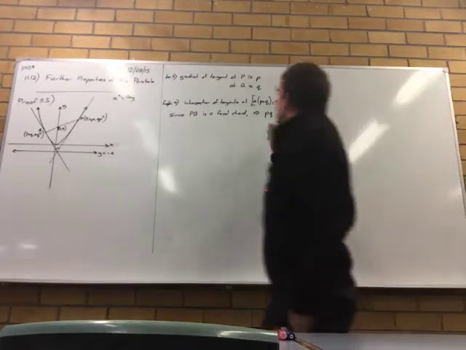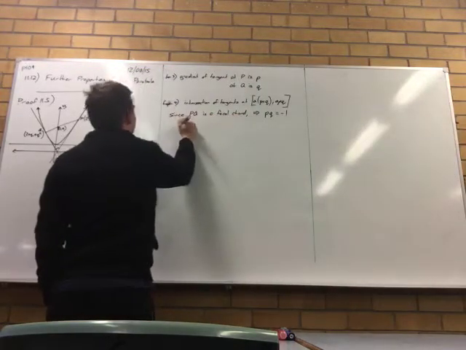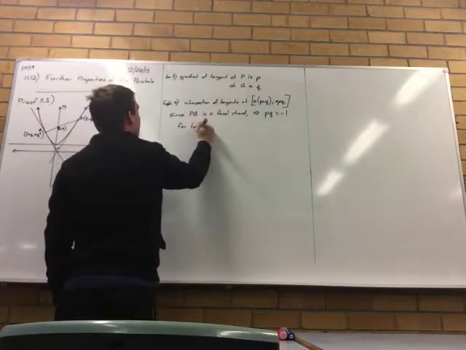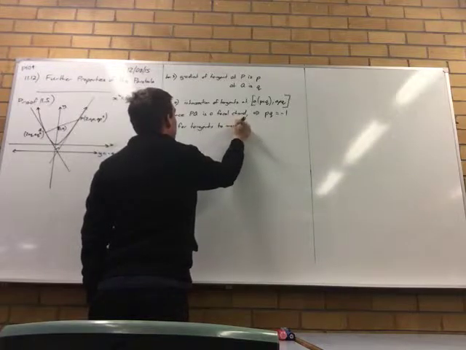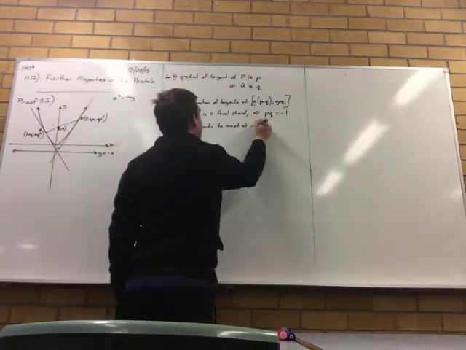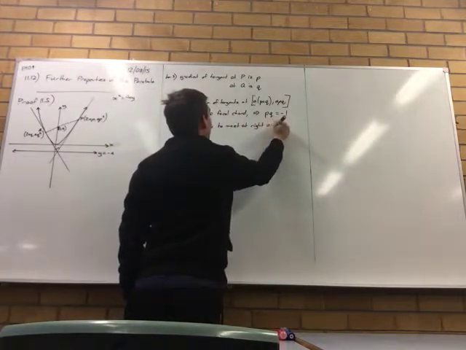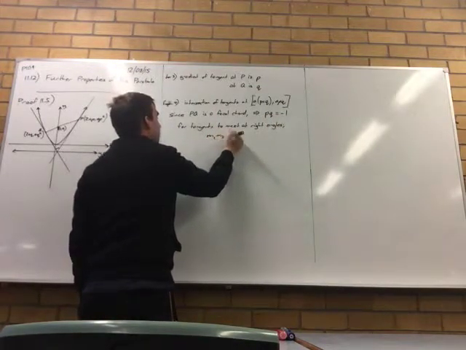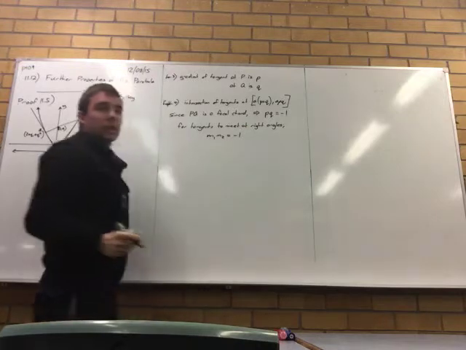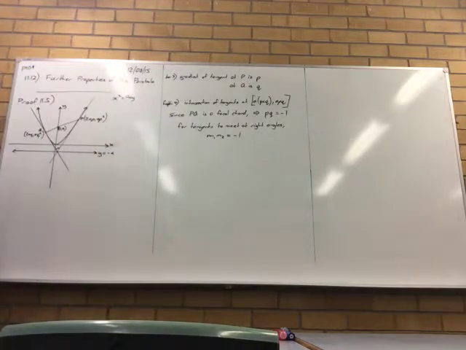For tangents to meet at right angles, m1 times m2 must equal -1. What's the gradient of our 2 tangents? p and q.